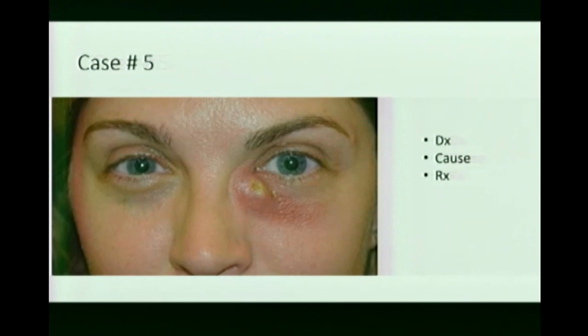And what's the treatment? The Doctor disagrees.